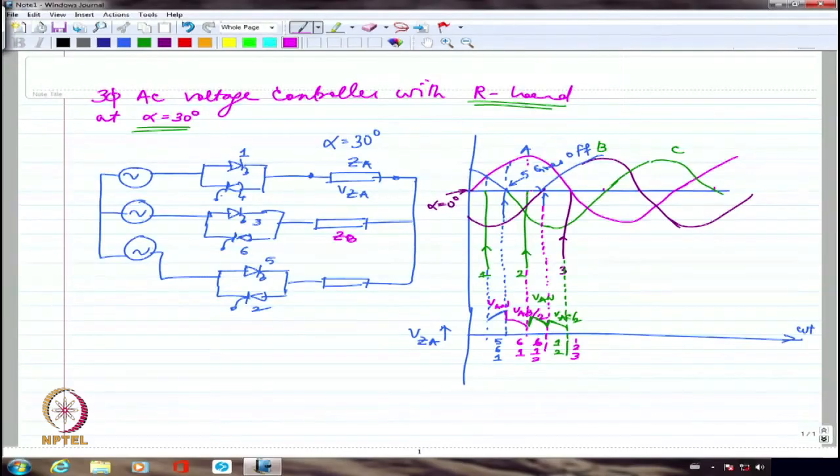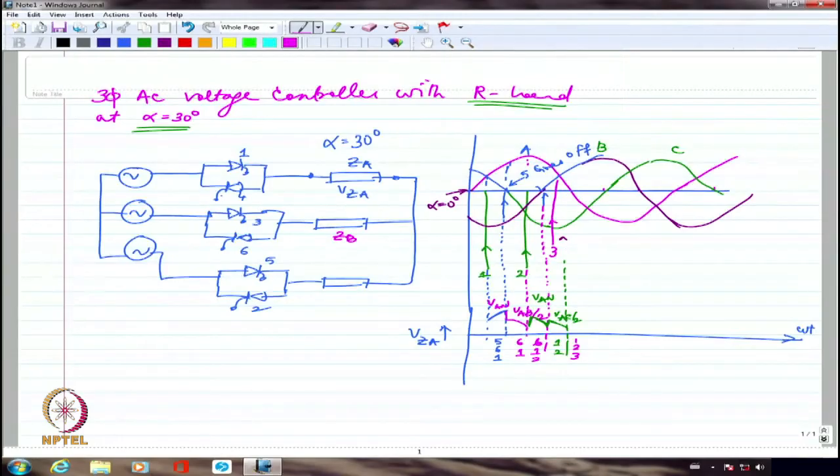Sorry. This is where 3 is. So this has to be erased again. Right? So this is where 3 will be fired. 3 is fired here. So when 3 is fired, still there is some amount of positive A phase voltage left over. So 1, 2, 3 will conduct together.